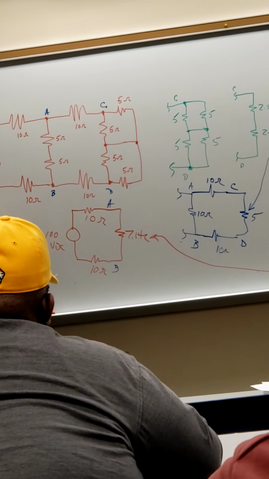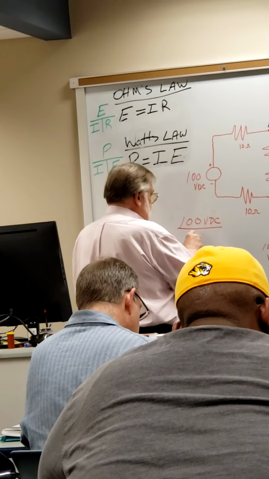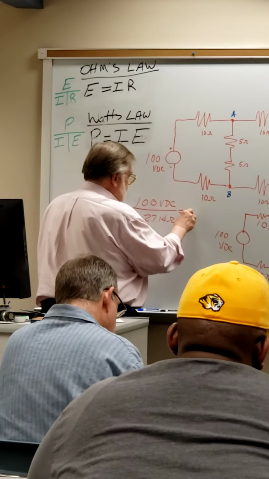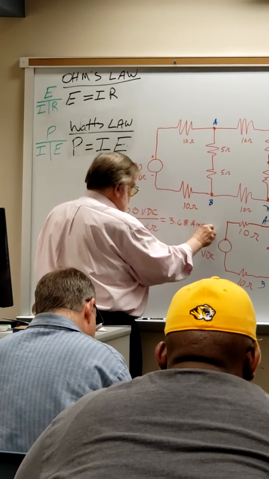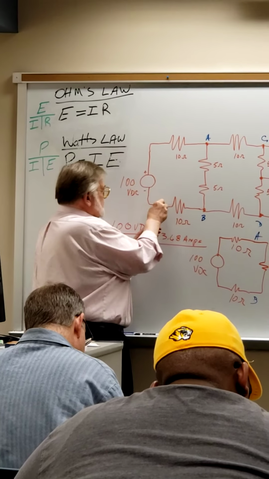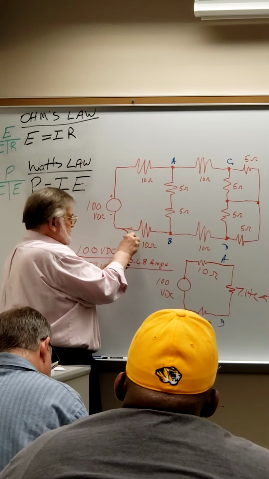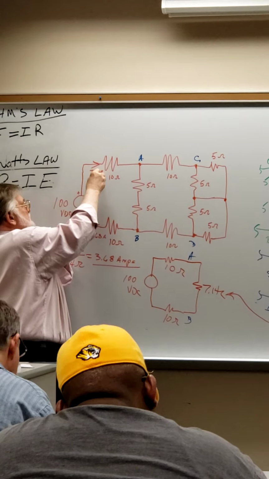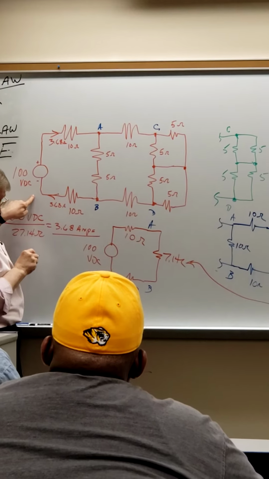So I have 100 volts and I have 27.14 ohms, which gives me 3.68 amps total. Which means this is 3.68 amps. What comes out of here has to come back here.